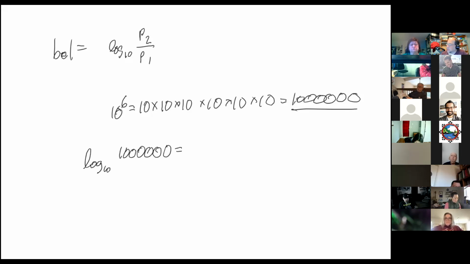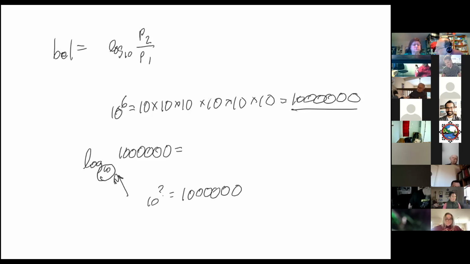The logarithm is basically the number to which the base, which in this case is 10, would have to be raised to equal that number. So basically what this means is that we had to raise this number to this power to get the result.